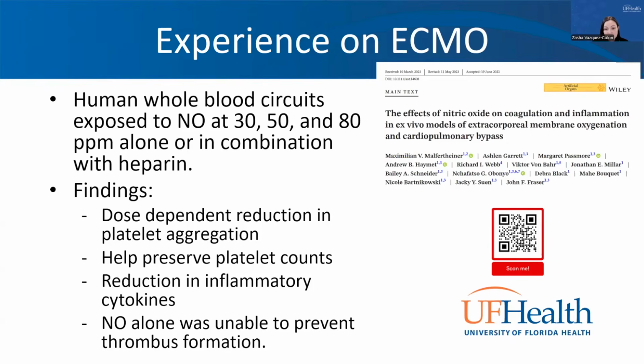Those circuits treated with nitric oxide also showed reduced inflammatory cytokines, in this case IL-8 and TNF-alpha, suggesting a potential anti-inflammatory effect. These benefits were not seen in the cardiopulmonary bypass group.